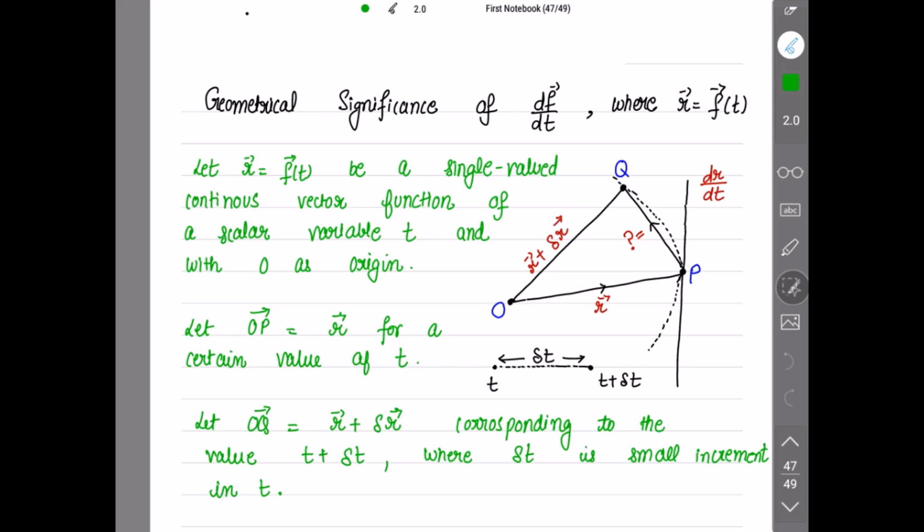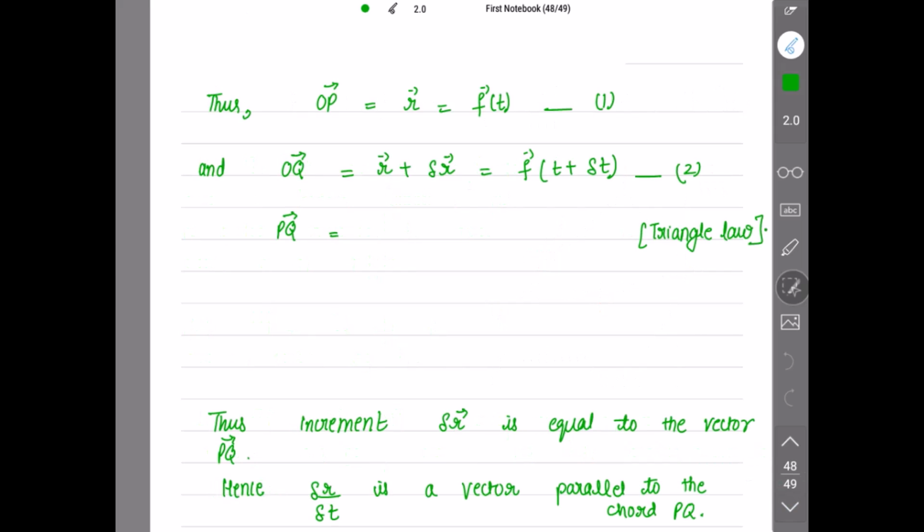So I am writing this side plus this side. This PQ with the arrow on top is equal to PO plus OQ, which is the triangular law.